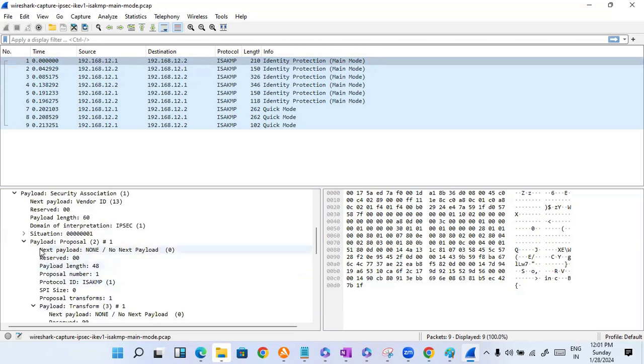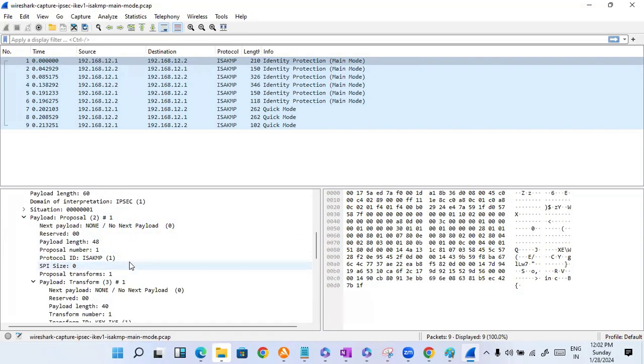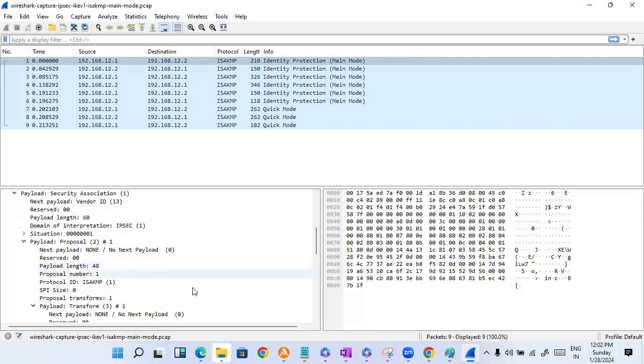Whatever codec you have on the next device, this device will accept in that way. This is a proposal two, in the sense that it will accept for the second device.